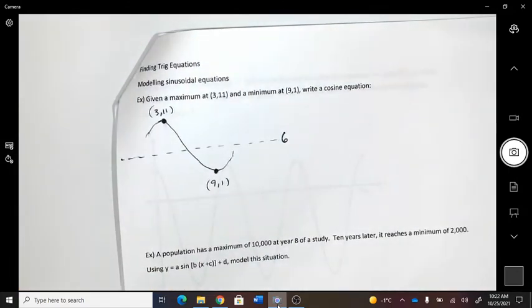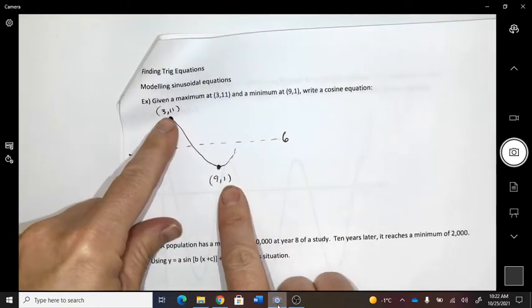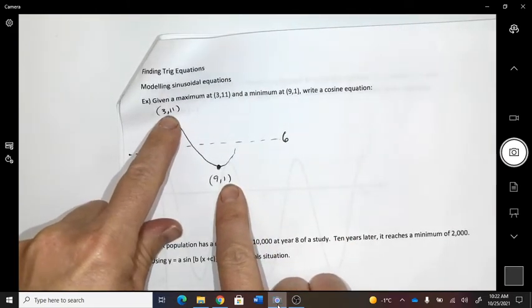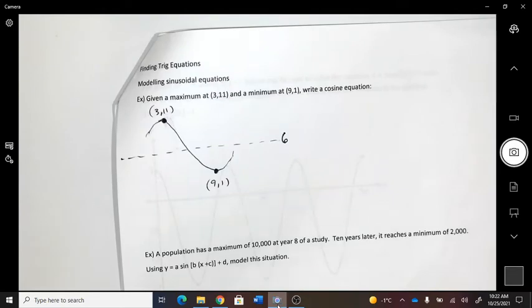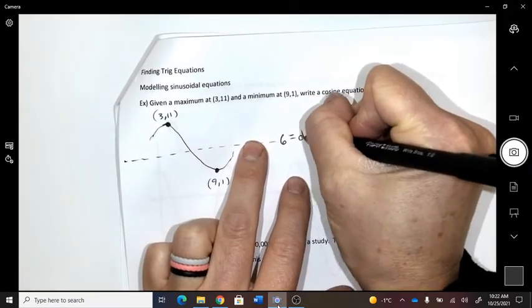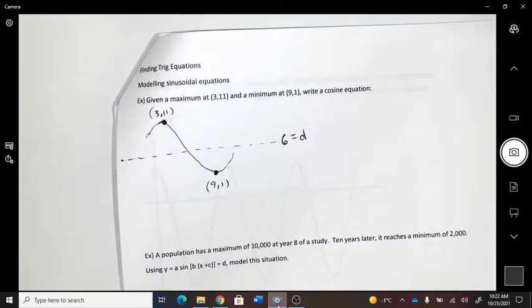Did you get 6? So 2 ways you could think about it. It's an average. 1 plus 11 is 12, and divide by 2. Or these are 10 away from each other, so if I cut 10 in half, I need to go 5 up or 5 down. So that's our D value in a graph, because our midline shifts up 6.